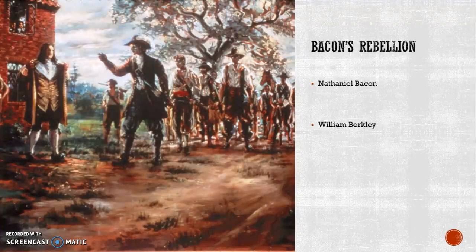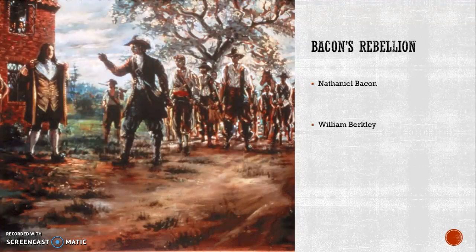So that's what the governor orders, but Bacon wants to fight against all Indians, and that's actually a very popular opinion by most of the Chesapeake working class individuals, who, remember, early on consist of a lot of indentured servants. A lot of your population in Virginia are middle class men. So they are looking at their prospects with the land. They would like to fight the Indians. Berkeley is trying to hold them off.